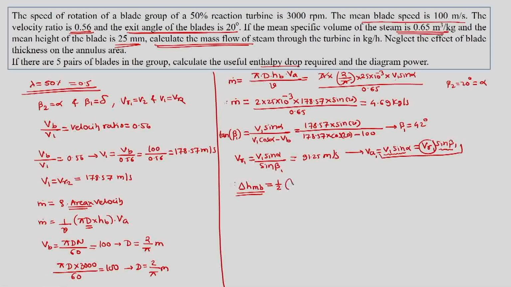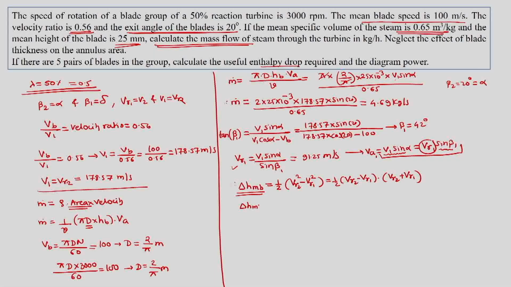So it is half into VR2 square minus VR1 square, which is equal to half into (VR2 minus VR1) into (VR2 plus VR1). So we know VR1 and we know V1, that is equal to VR2, since we have said here.